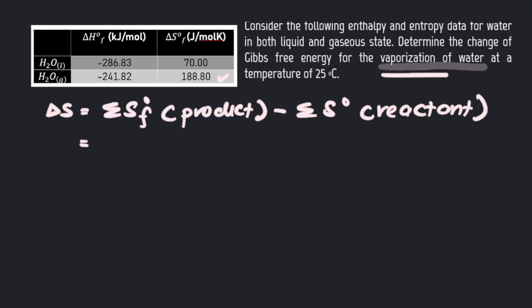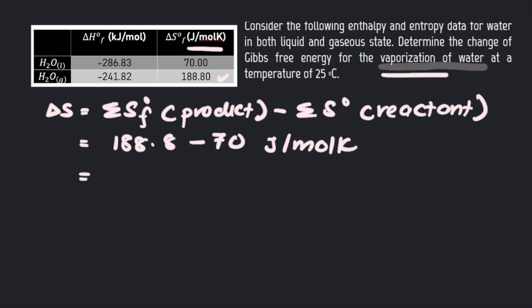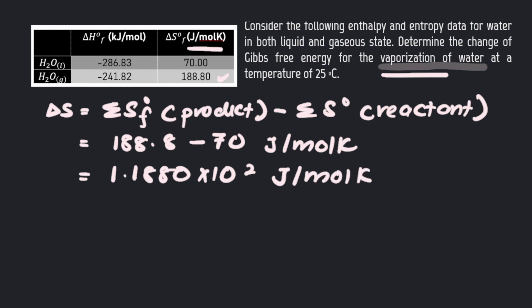So in gaseous form, 188.80. This is in joule, but you need to make sure that you convert it later on. So I'm just going to do 188.8 minus 70. Bear in mind this is in joule per mole per Kelvin. So your final answer will be 1.1880 times 10 to the power of 2 joule per mole per Kelvin, right?